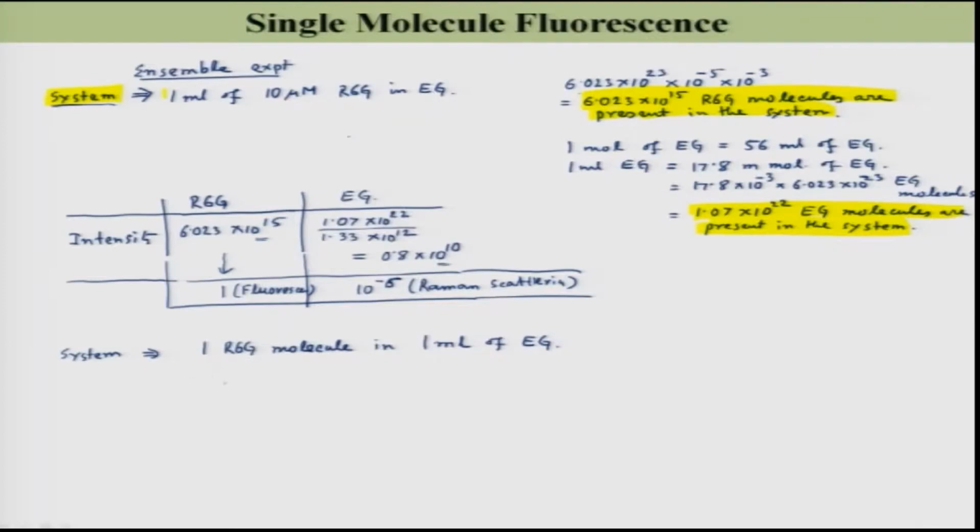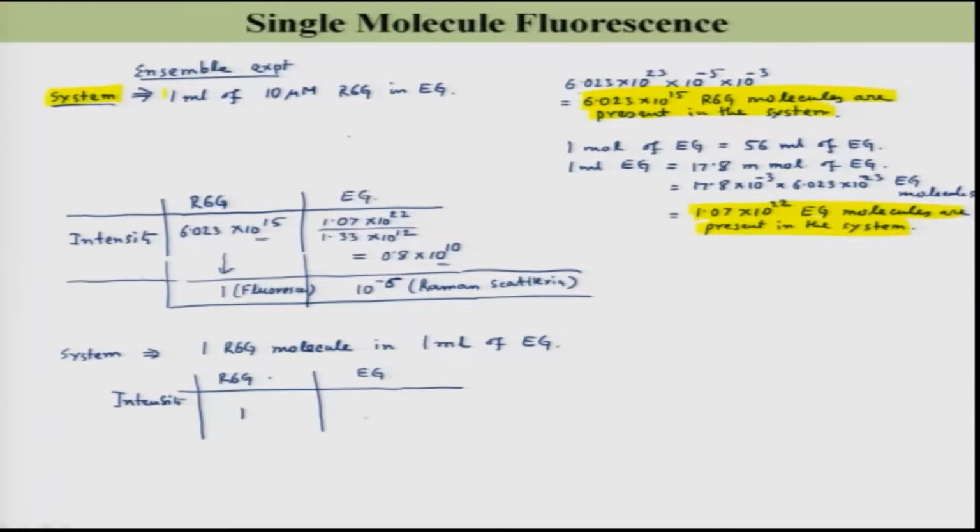So, if I now write this intensity, rhodamine 6G, what I am going to get is just 1 over here, and the intensity of Raman scattering by this ethylene glycol depends on how many ethylene glycol molecules are present. That number I already have determined over here, so 1.07 × 10^22, right.